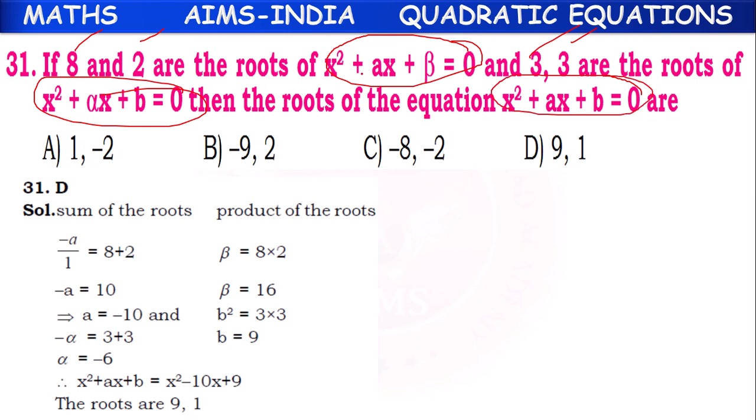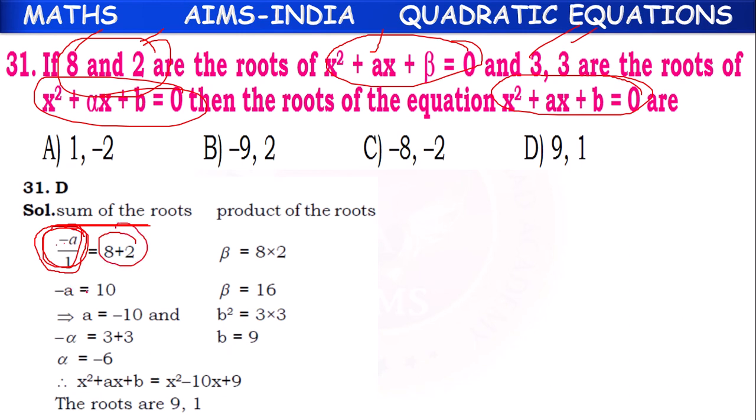For the first equation, sum of roots is minus b by a; here b value is a, so minus a by 1, which is equal to the sum of roots 8 plus 2.